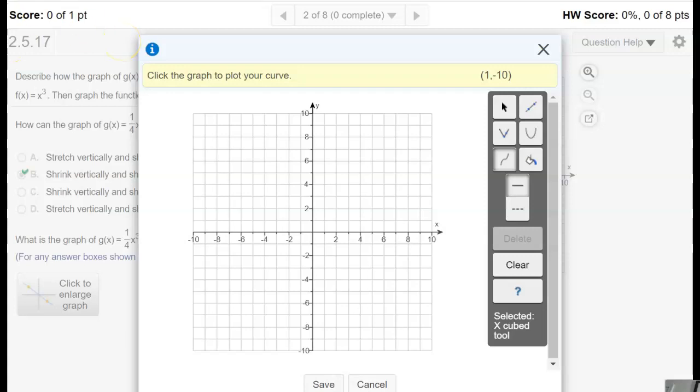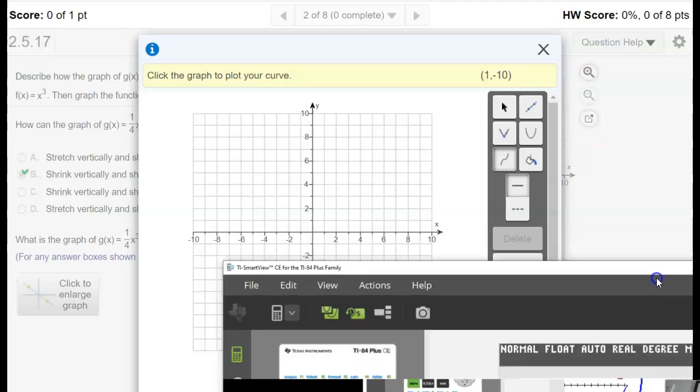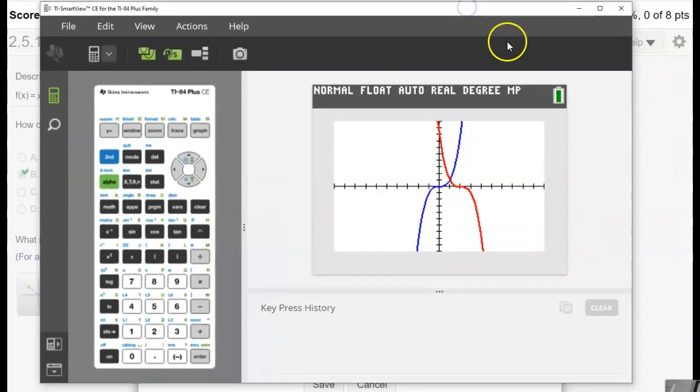And then we're going to go to the table so we'll know where to plot these points. So here is my calculator. I hope it's being recorded since it's in the window pane.